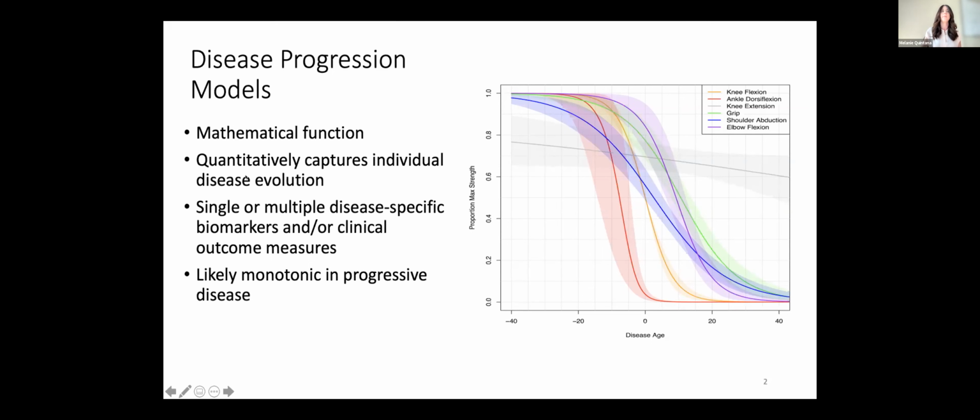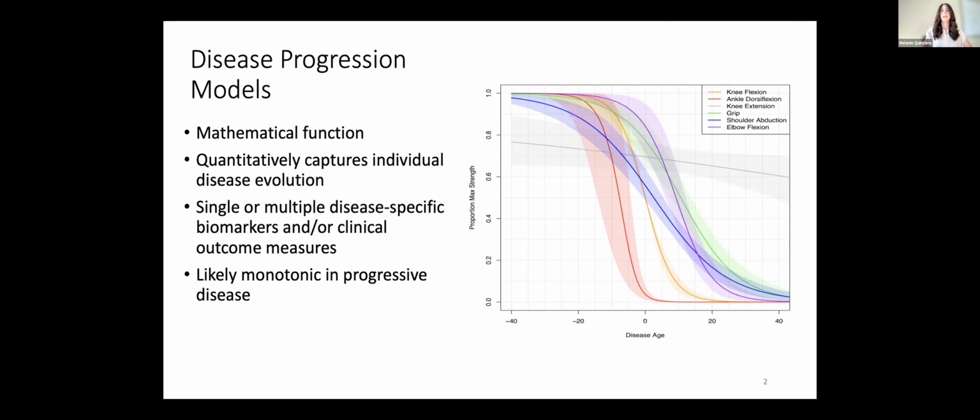to be able to understand how each muscle moves as a function of disease stage. In general, these disease progression models are just some mathematical function. It can really be anything that allows us to quantitatively capture that individual disease evolution. So some way to quantify how a participant moves throughout the course of the disease. And this can be measured with a single measurement. We've done these in dominantly inherited Alzheimer's, where we look at just a single cognitive score, or it can be multiple disease specific biomarkers.